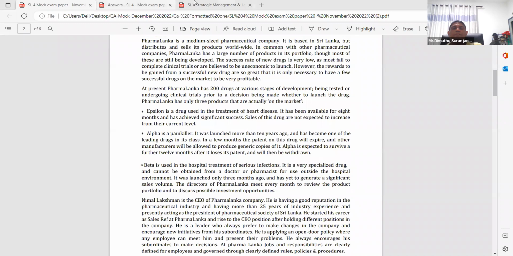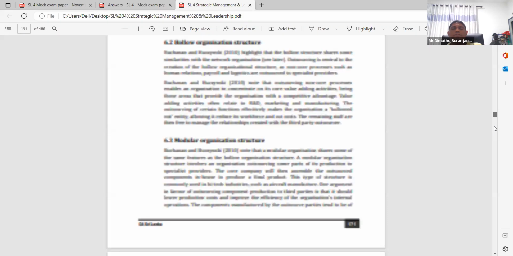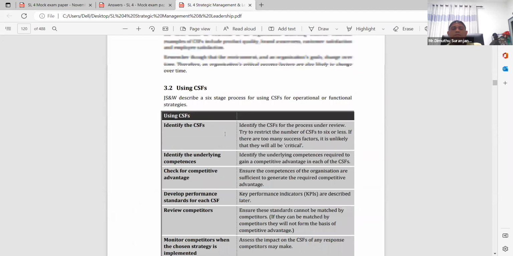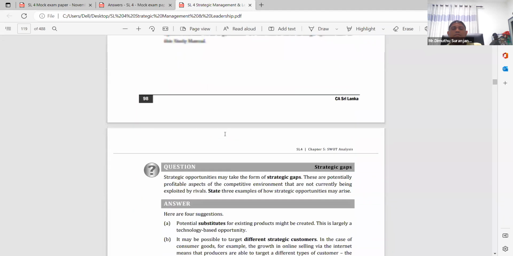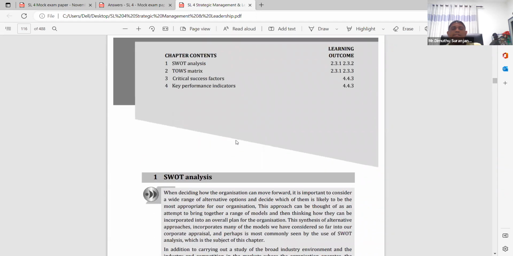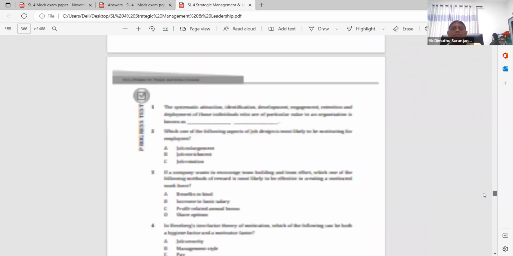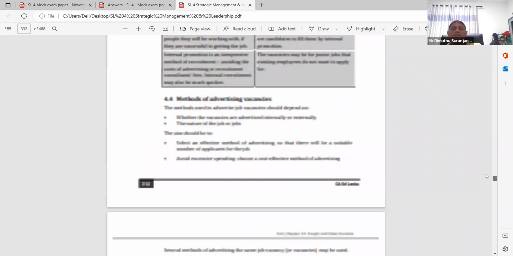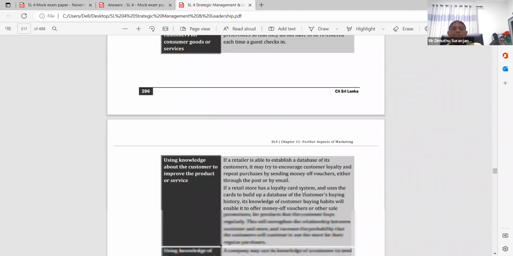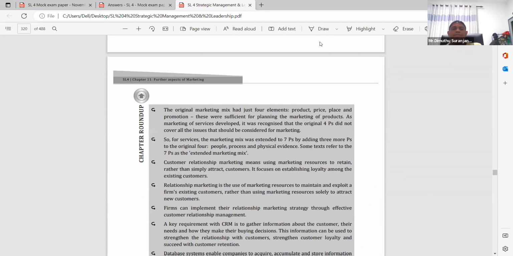Now, look at our product life cycle concepts. It is in what chapter, guys? Can someone help me? PLC is in what chapter, guys? This is second.